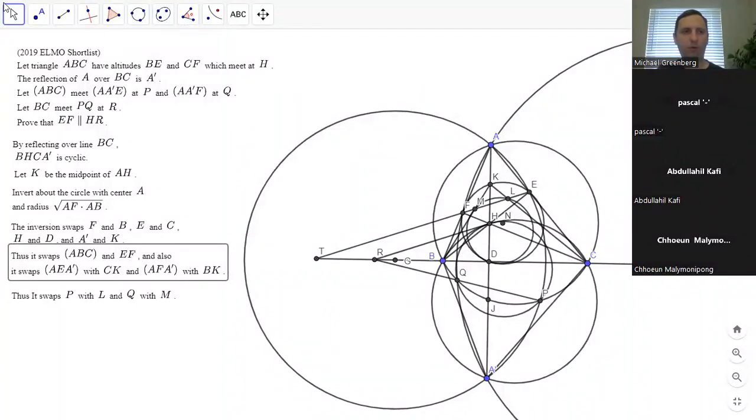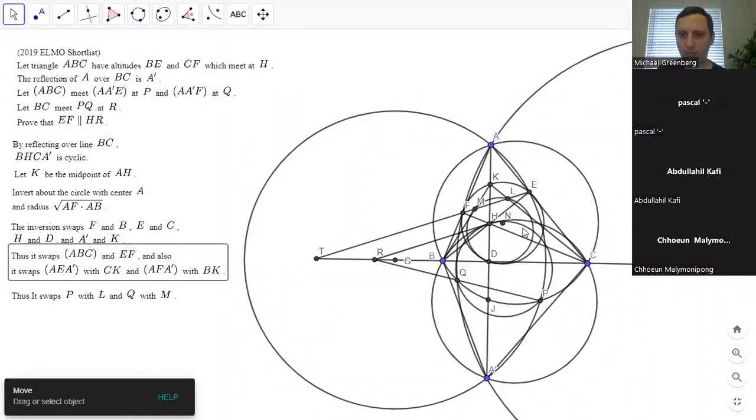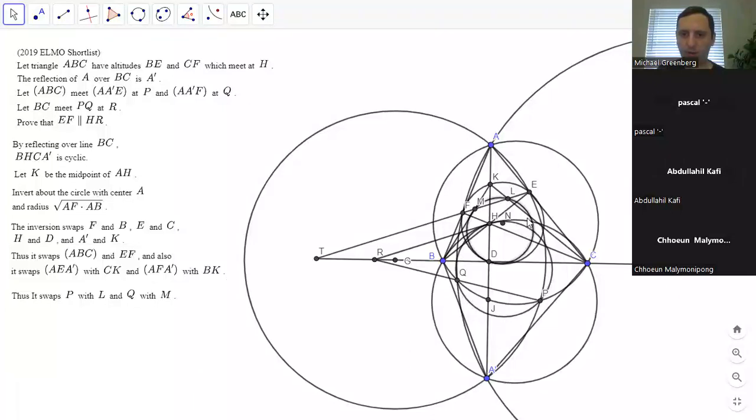So we want to show that these two circles are tangent. And so by the inversion, it's the same as showing that these two are tangent. And that's not too hard because we're going to show FDM equals EDL, because angle BDF is CDE and also BDM is CDL because of harmonics.